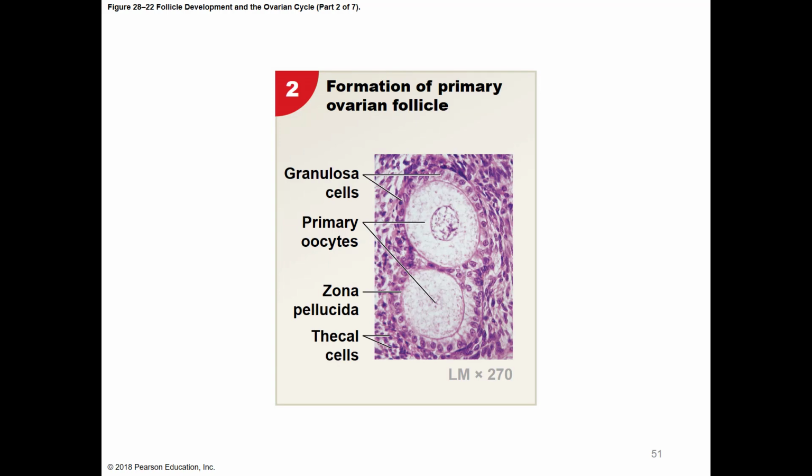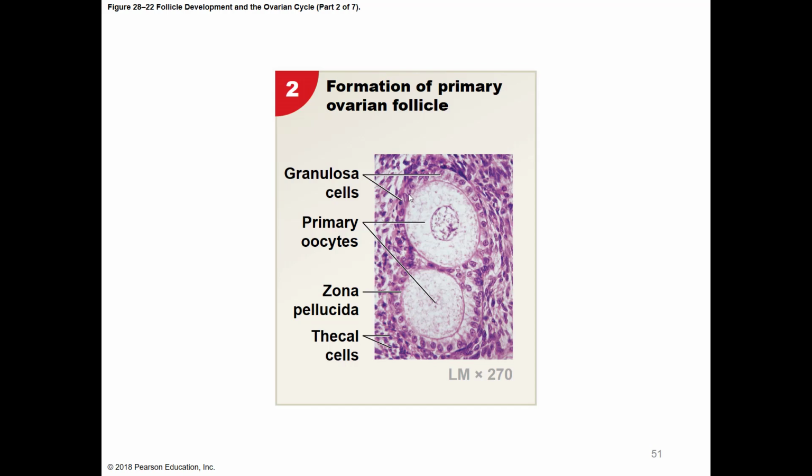Okay, so here we have the formation of the primary ovarian follicle. Follicle development will begin with the activation of a primordial ovarian follicle that we just looked at, and it will activate into a primary ovarian follicle, which is what we're looking at now.